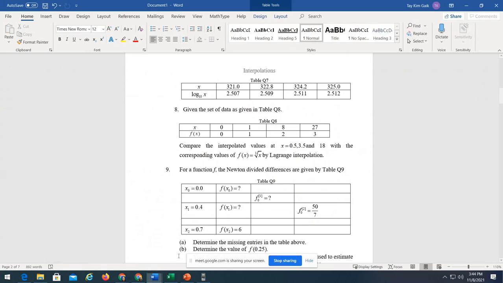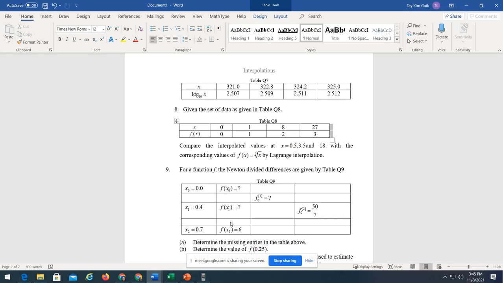I'll show you the question again. X is 0, 1, 8, 27, and Y is 0, 1, 2, 3. Let's say we estimate at X, just pick 1.5.